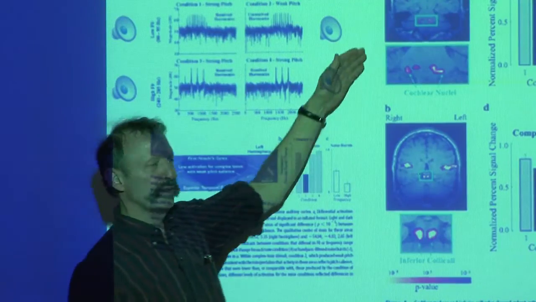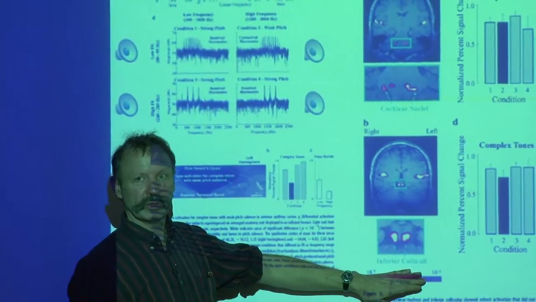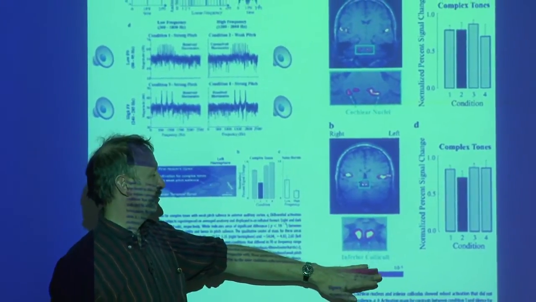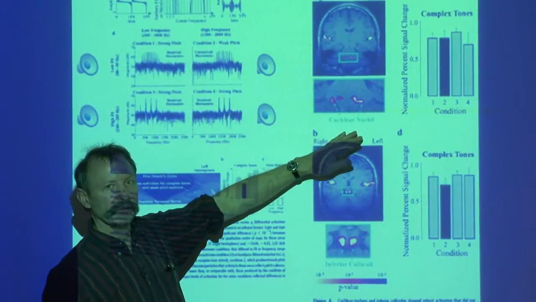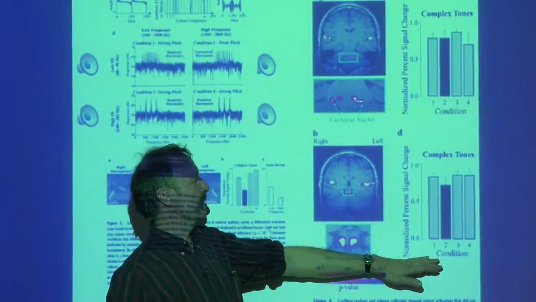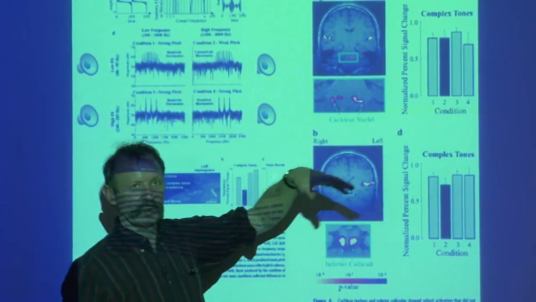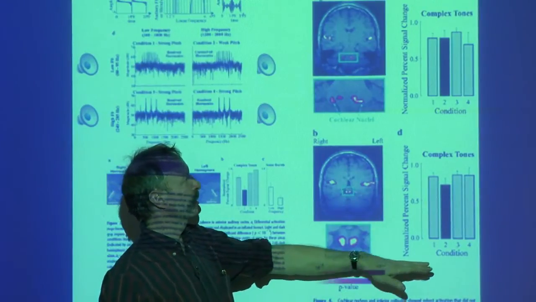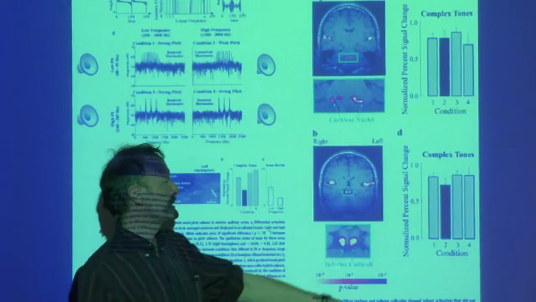And what's interesting about this study is they examined some of the subcortical nuclei that we've been talking about, for example, the inferior colliculus and the cochlear nuclei. And these are the activations for those centers. Cochlear nucleus activates pretty much the same for all of the conditions. This black one is the one that was associated with a weak sensation of pitch.